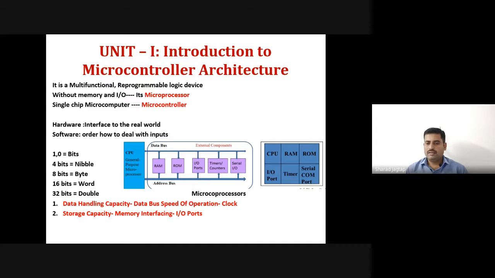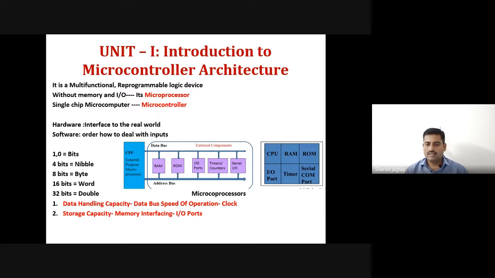Basically, the different architectures of microcontroller are divided into two types, that is Harvard architecture and von Neumann architecture. Before going to these two types of architecture, see this diagram. The first diagram is related with the microprocessor.